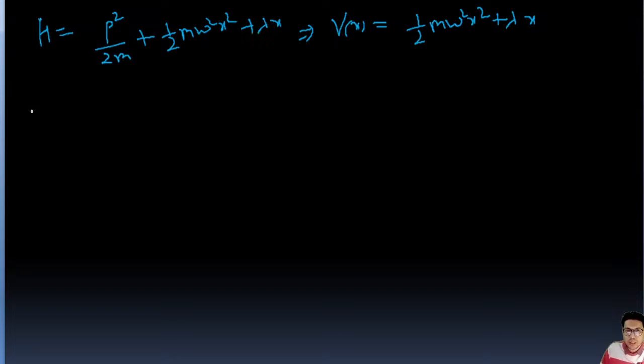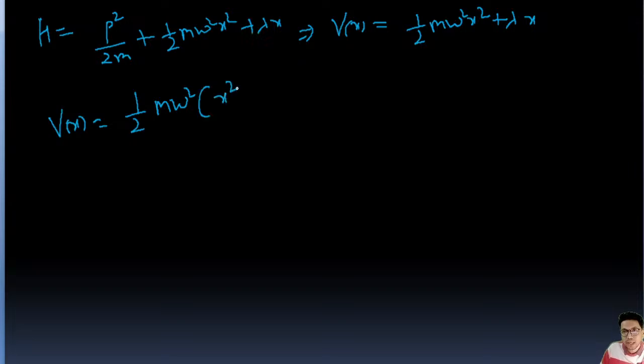So now we'll find out V(x), because if this would be the only term, then we can easily find the difference, right? But there is lambda x as well, so we need to solve it. So this is going to be half m omega square, which we take common.